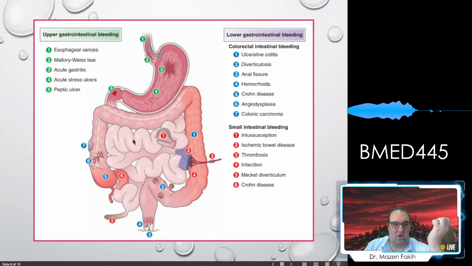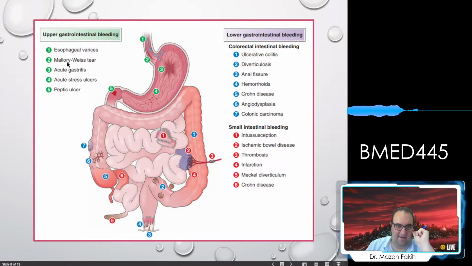Now, the site of upper GI bleed versus lower GI bleed has different reasons. So in upper GI bleeding, you end up with either esophageal varices or Mallory-Weiss tears, which we will discuss in detail.